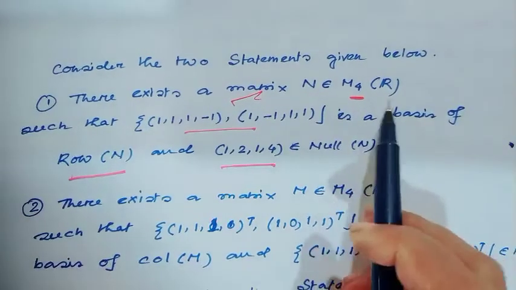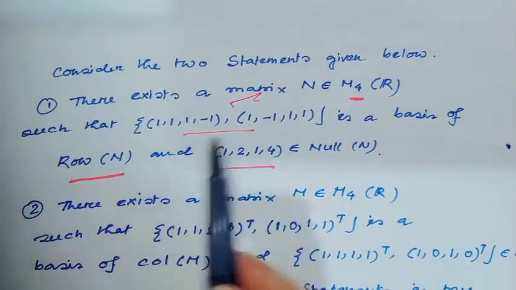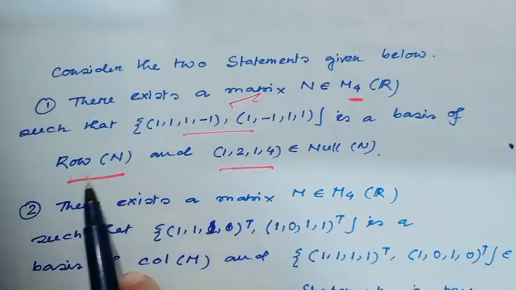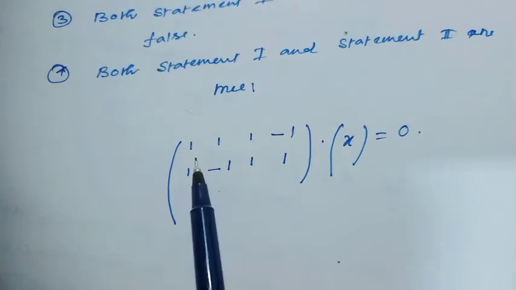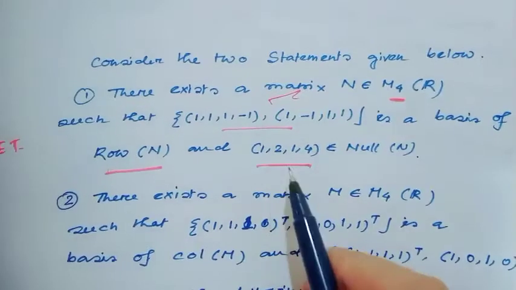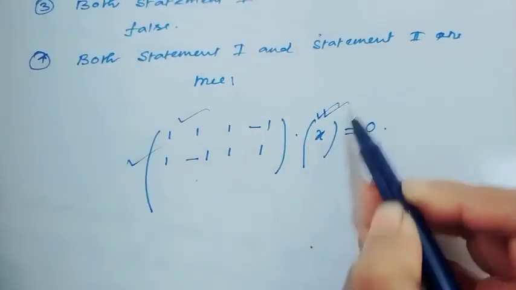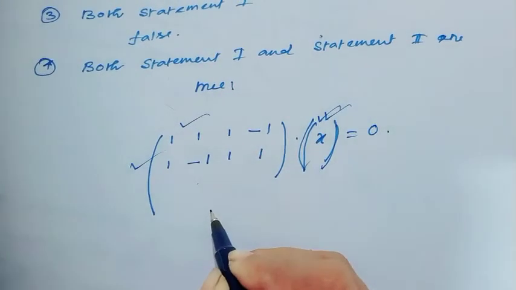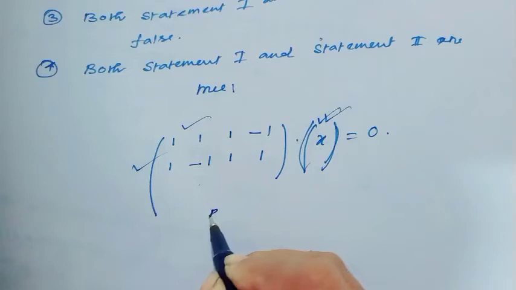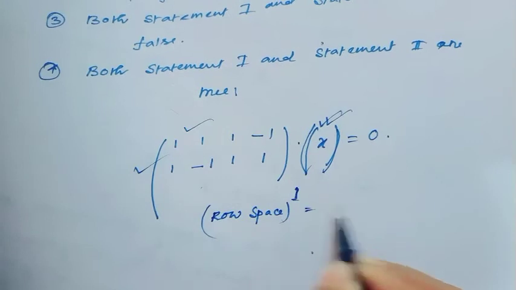Since in the matrix these vectors are a basis of the row space, obviously these two vectors are linearly independent and span the row space. That means the row space would be generated by these two vectors. And since the vector (1, 2, 1, 4) is a member of the null space, we all know the null space is the perpendicular complement of the row space.